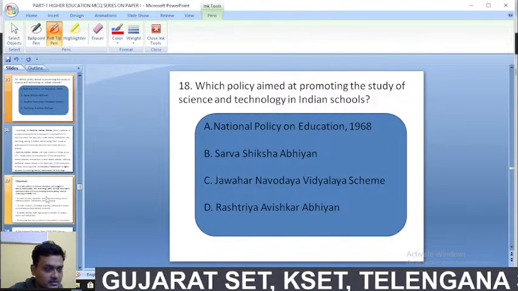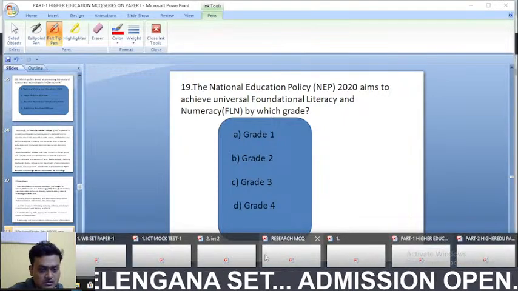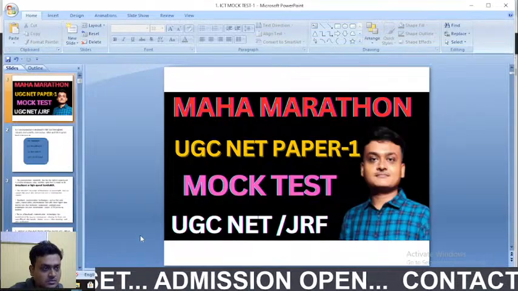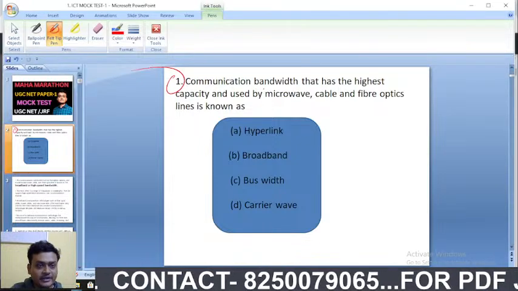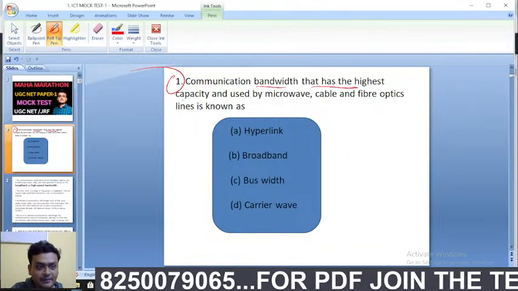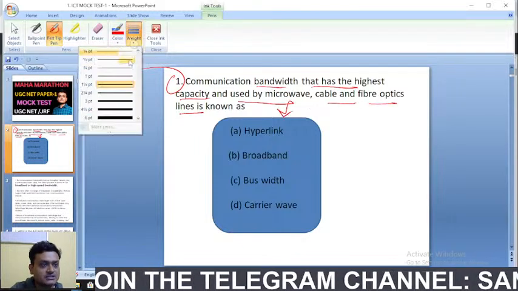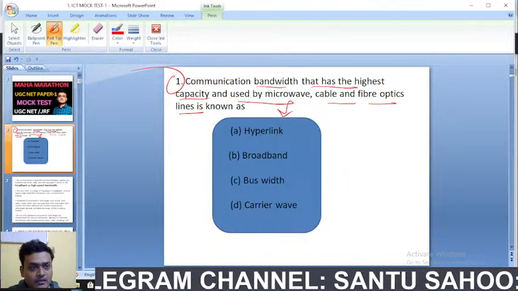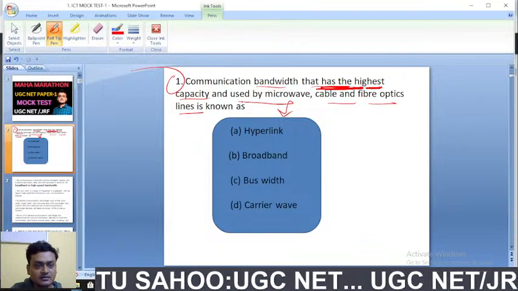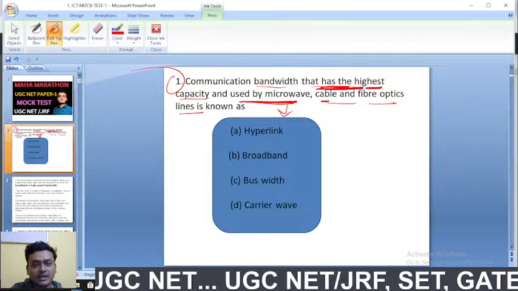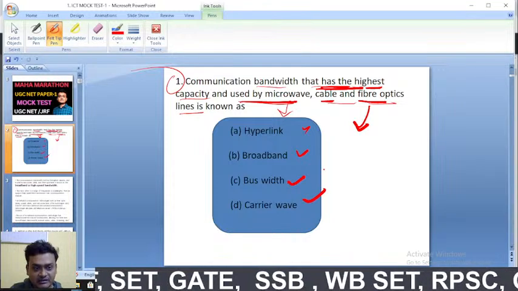Let's do something new. Communication bandwidth that has the highest capacity and is used by microwave, cable and fiber optic lines is known as: hyperlink, broadband, bus, carrier wave.